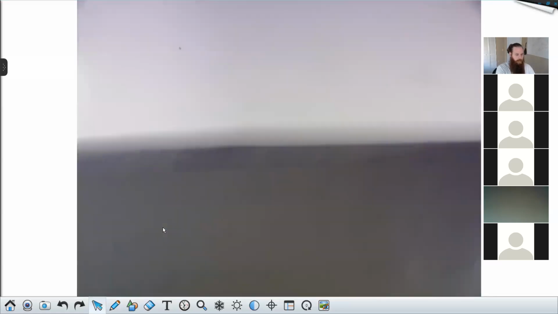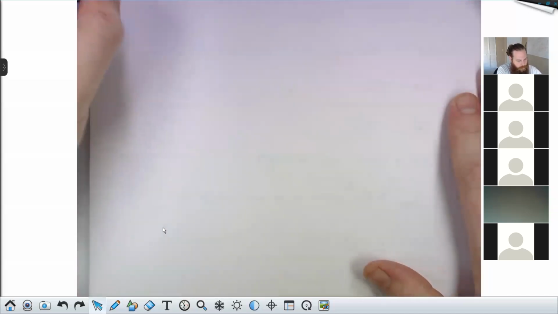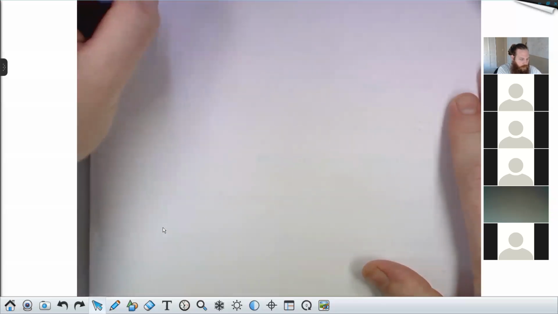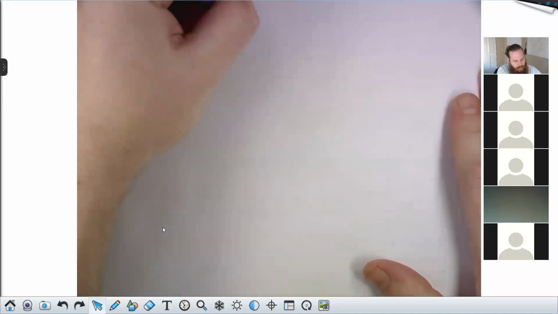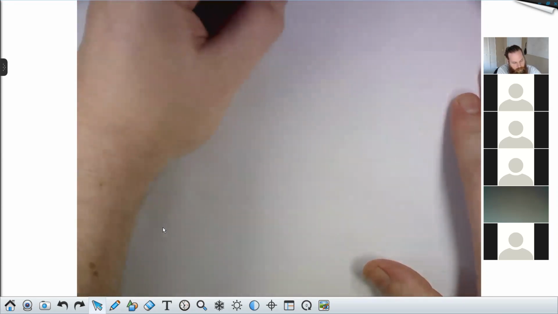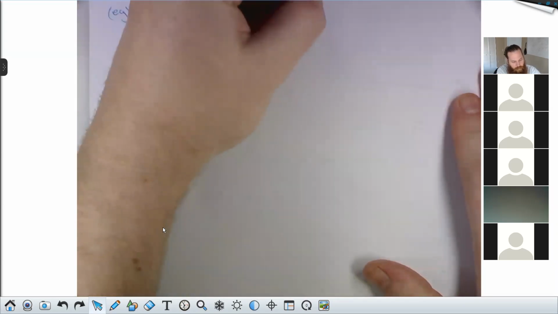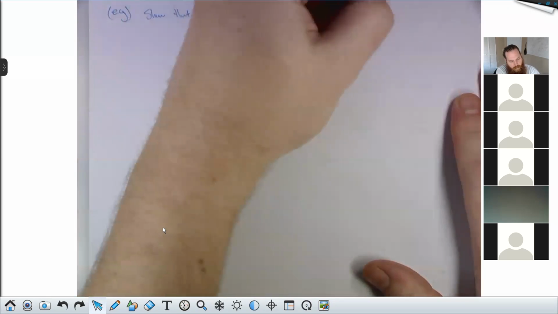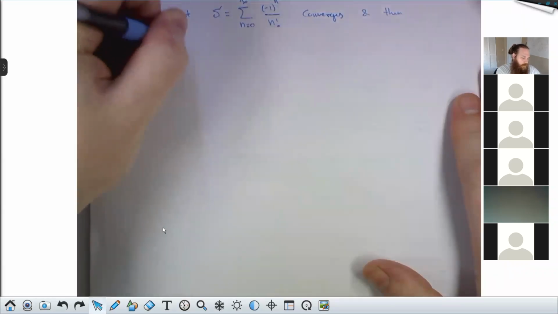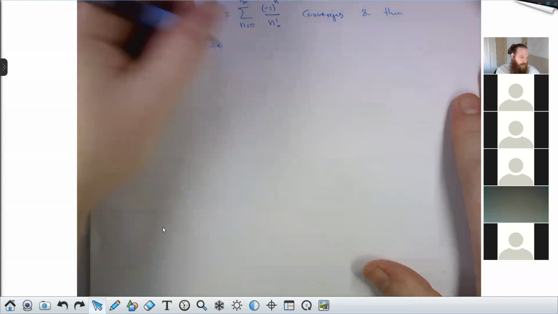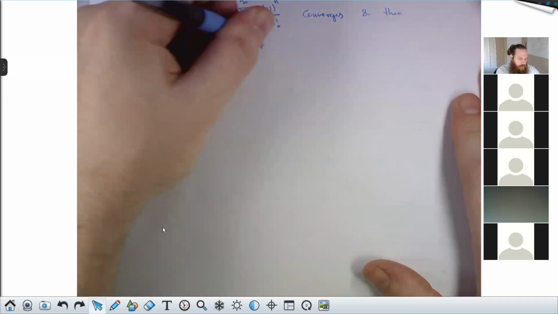So another famous example like this, and we're going to go through the whole thing here. We're going to show that the series S equals sigma n from 0 to infinity, -1 to the n over n factorial converges, and then approximate its value, again, accurate to 3 decimals.